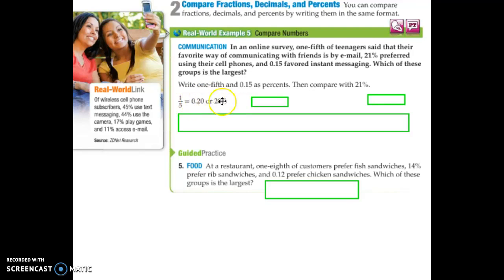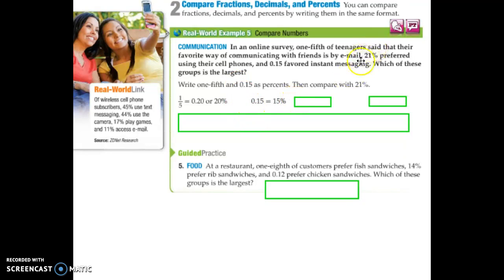Alright, so I can use all three of these. 21% as a decimal is 0.21. And 0.15 is 15%. So here, they turn them all into percents: 21%, 20%, 15%. Which one is the largest? 21%.